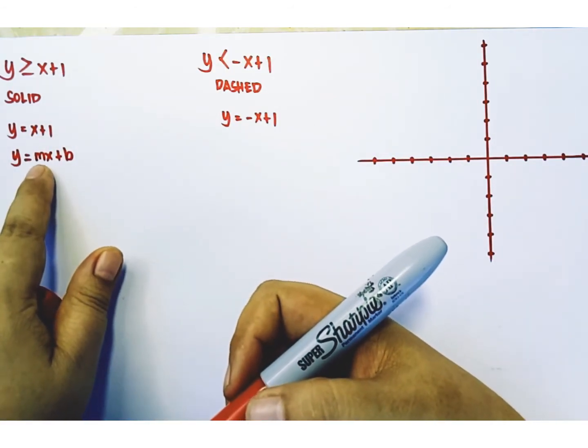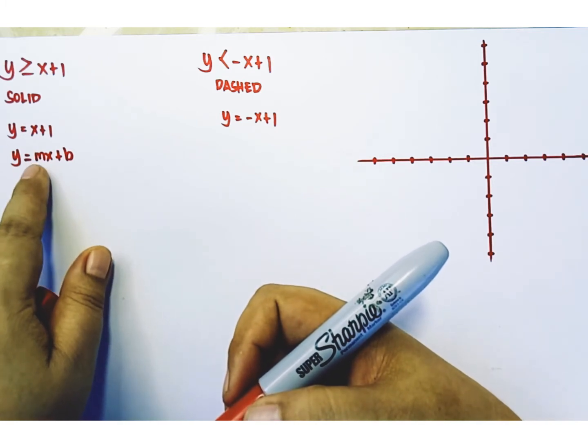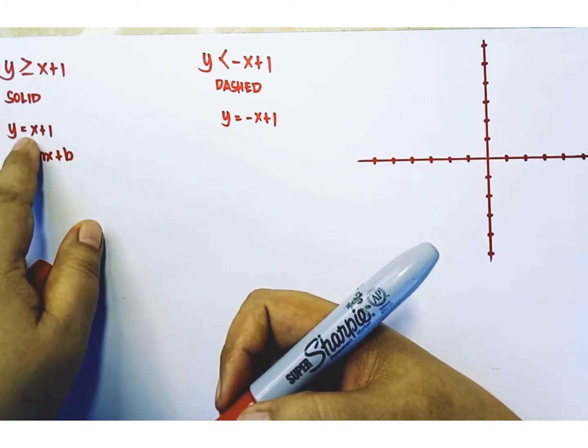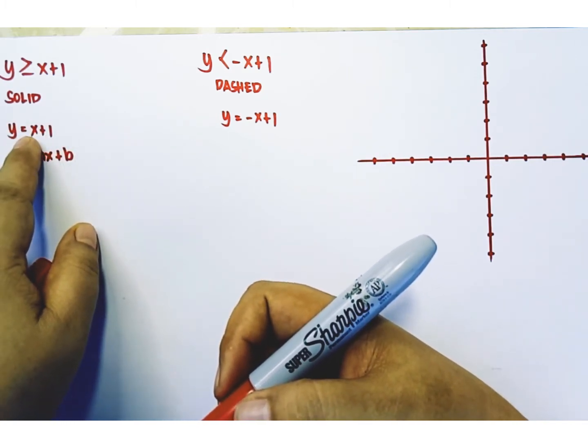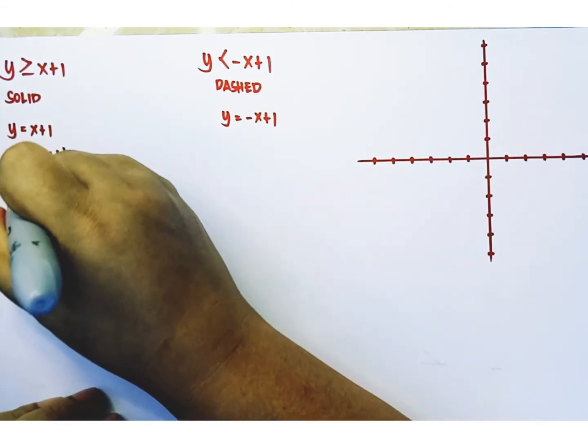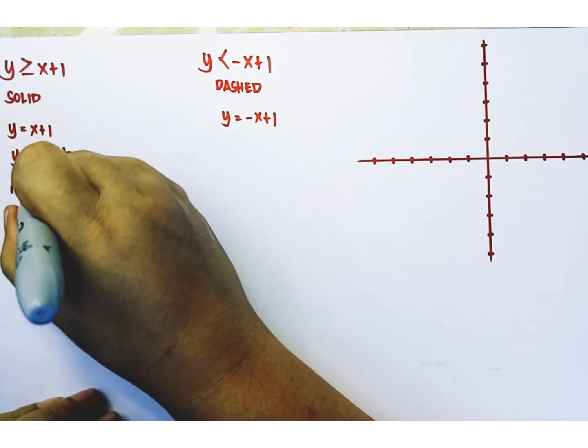M represents the slope of the line. It is the numerical coefficient of x. In this equation, the coefficient of x is invisible and it's understood to be positive 1. So m is equal to 1.